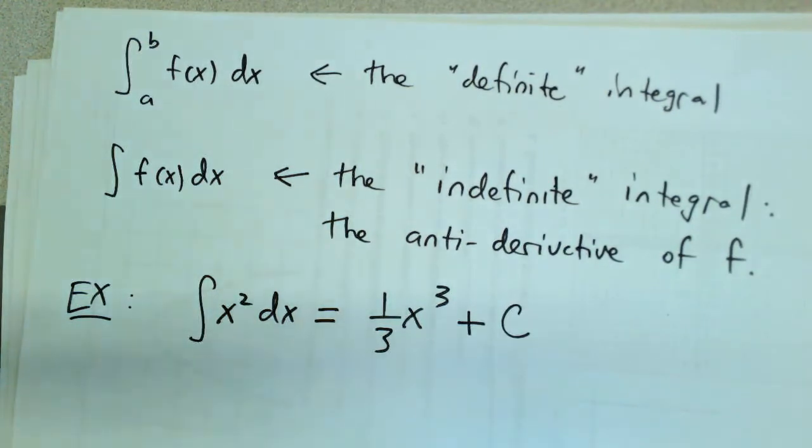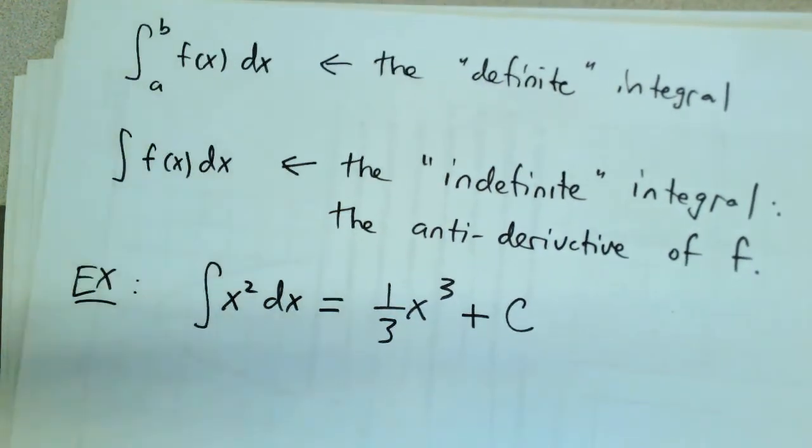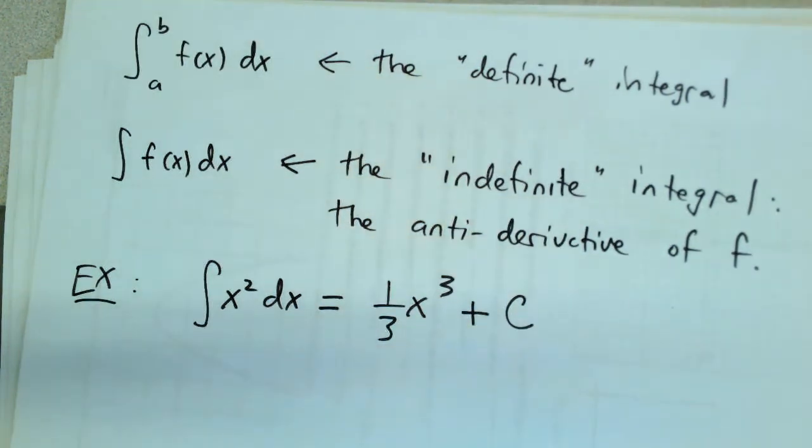I want you to do that whenever you evaluate one of these things. Whenever you find an indefinite integral like this, you need to write plus c. It won't be important for a long time. And you'll be like, why am I doing this? This is so stupid. It will eventually become really important. And if you forget it, you'll start getting things wrong. Okay.